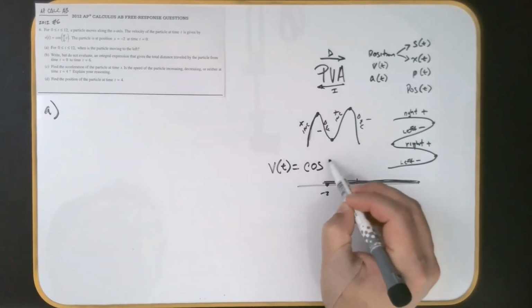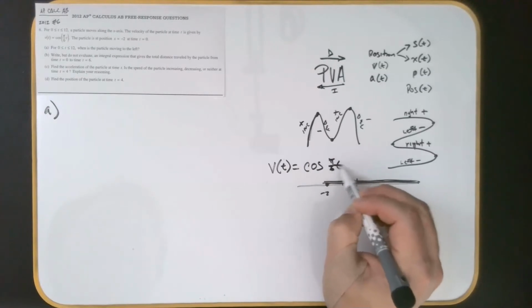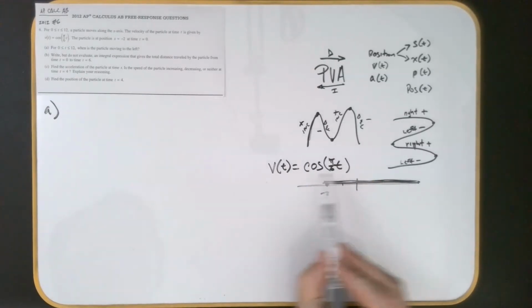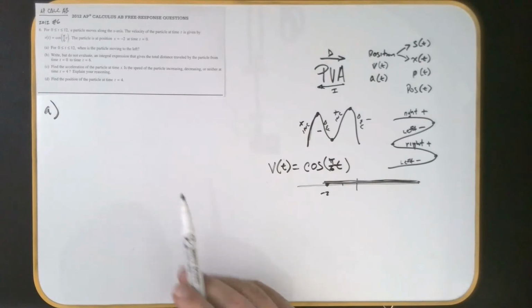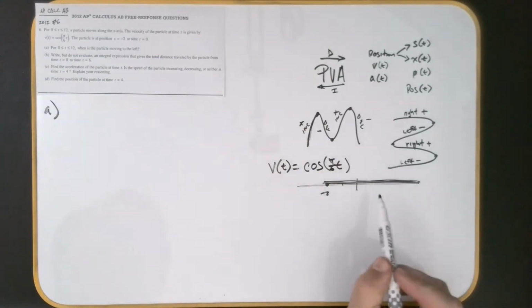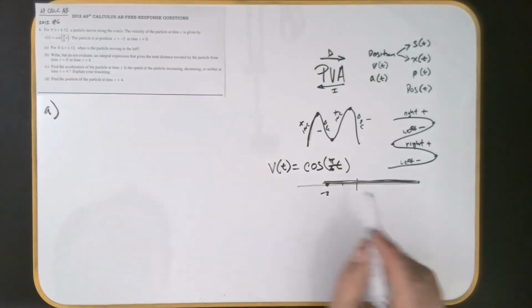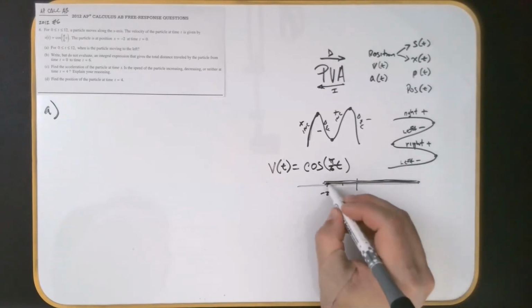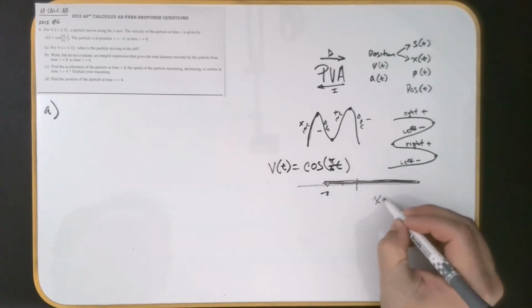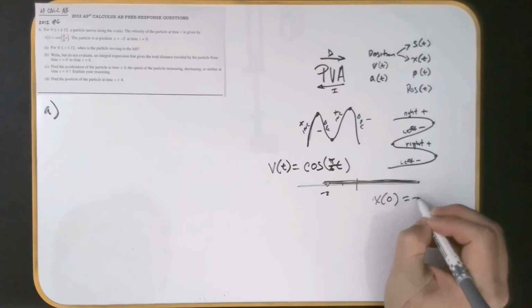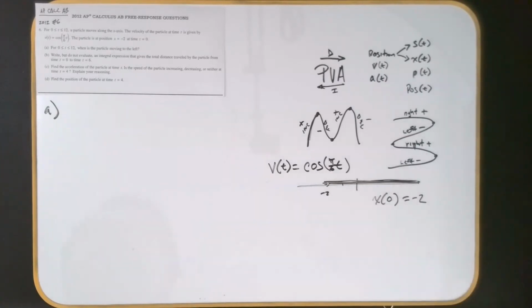So this is our velocity function. And again, as I was saying earlier, it's not a calculator question, so it's a fairly basic function. It says the particle is at position x equals -2 at time 0. And again, since we are going sideways, the position function would be expressed as x of 0 is equal to -2. That's our initial position.